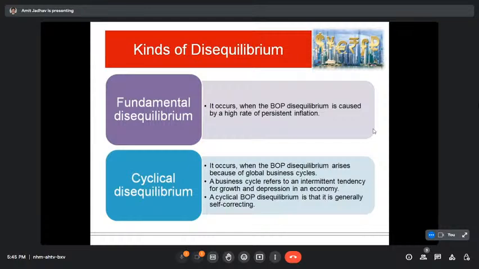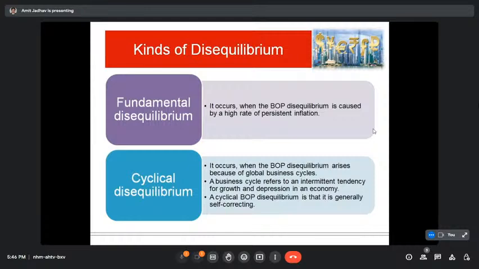Next, we have the cyclical disequilibrium. It occurs when the BOP disequilibrium arises because of the global business cycle. Business cycle refers to the intermittent tendency for growth and depression in an economy. Growth means they are able to produce more goods and commodities, and employment is rising.